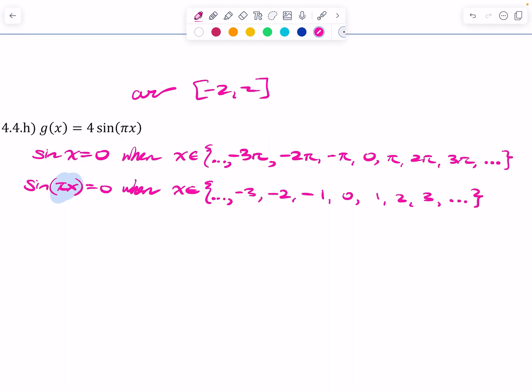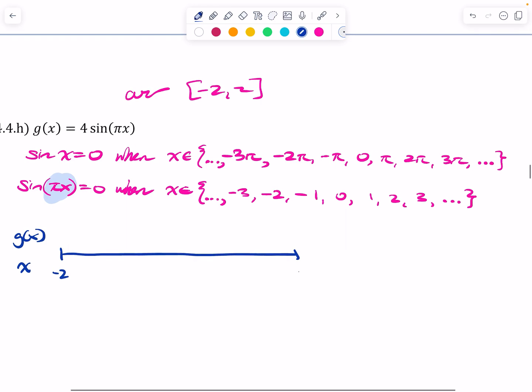So for us and our sign diagram, we're going from -2 to +2, which just means that -1, 0, and 1 are our other critical values, nothing else.